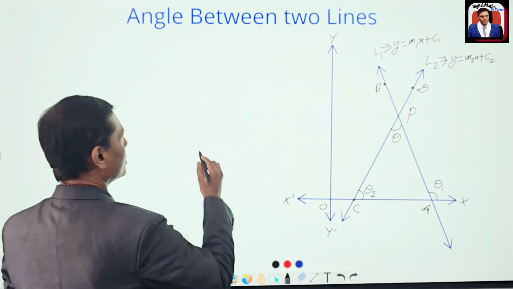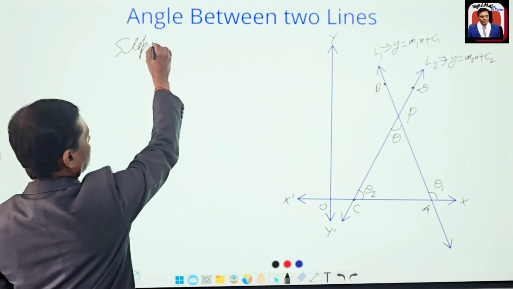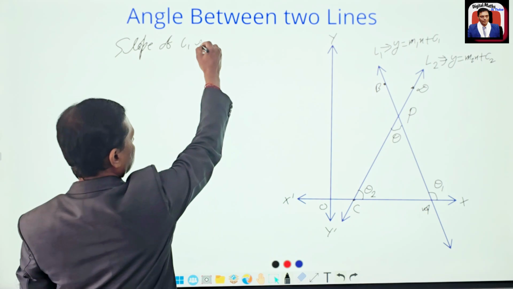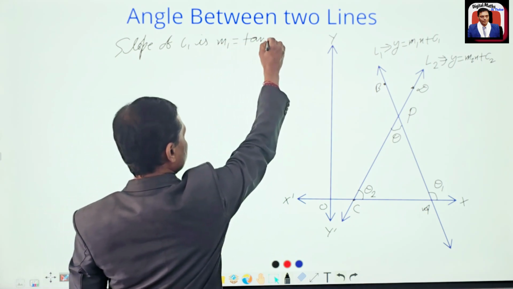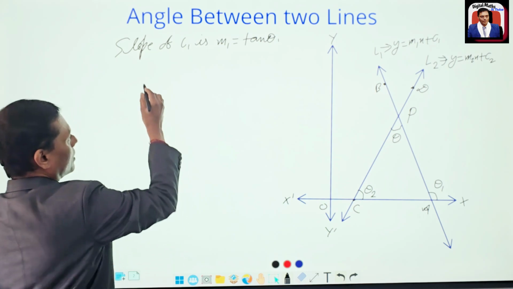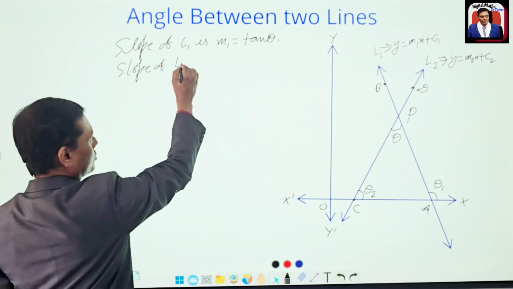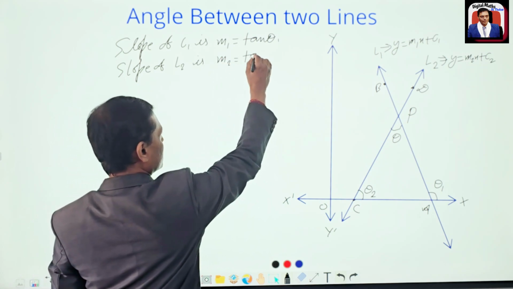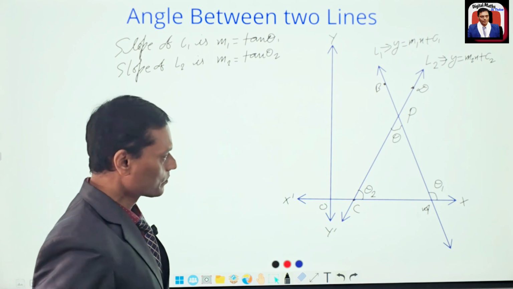So we can write the slope of L1 is m1 equals tan theta 1, and the slope of L2 is m2 equals tan theta 2.